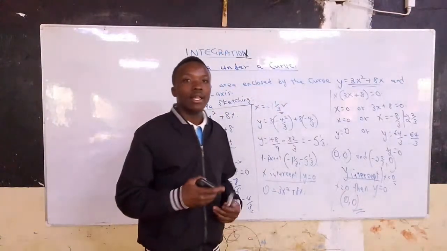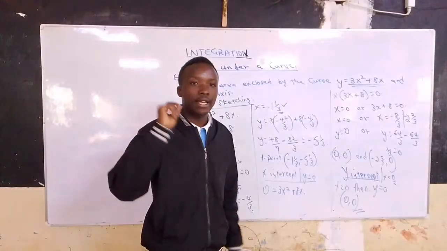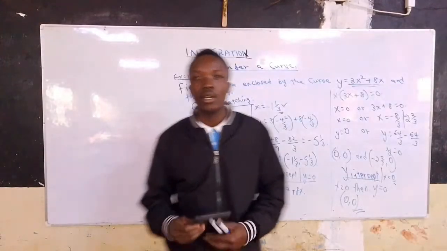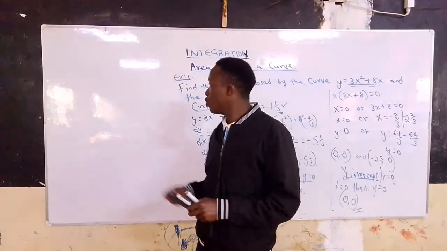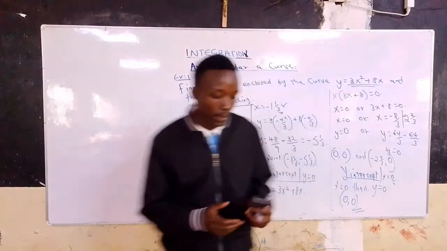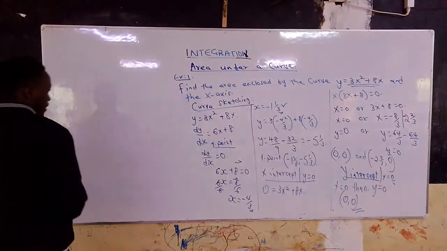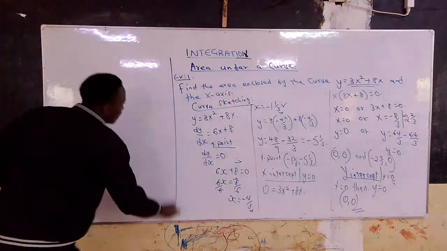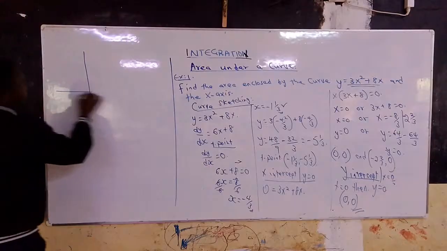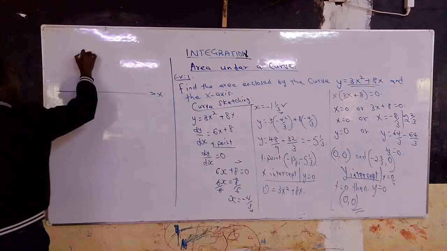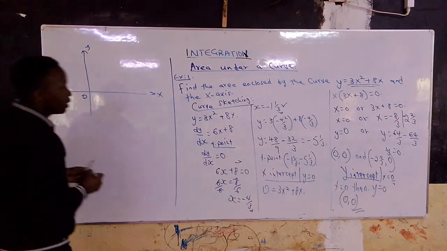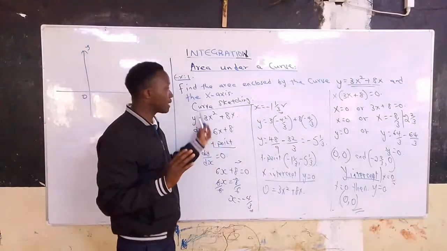So having the turning point, the x-intercept and the y-intercept, we can now proceed to sketch our curve. Let me first explain why we are sketching the curve.